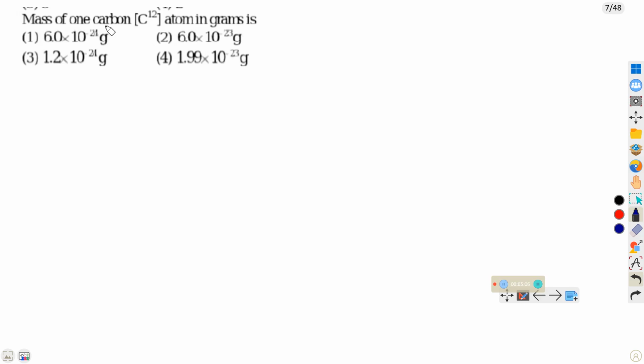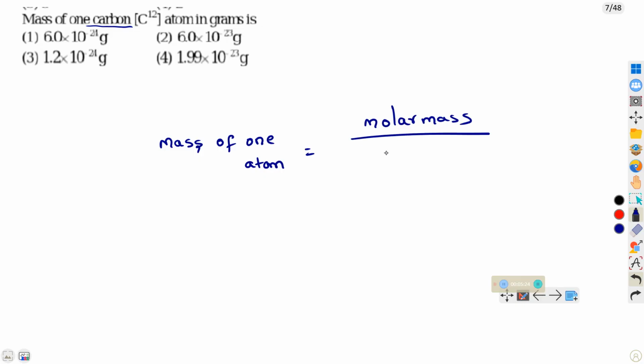Mass of one carbon atom in grams. How to calculate the mass of one atom? Mass of one atom is equal to molar mass divided by Avogadro number.